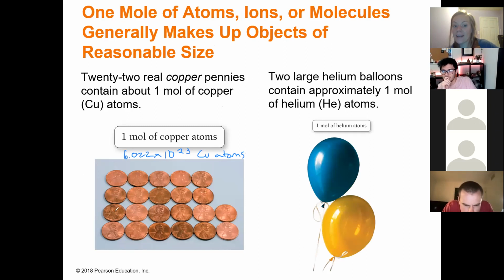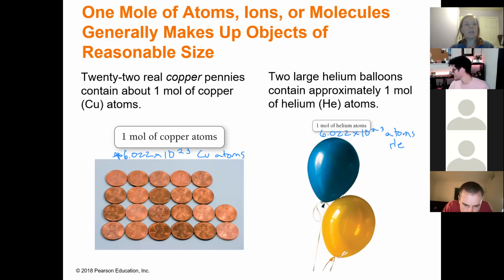So a mole is a lot of atoms, but on a macro scale, it's not that much. 1 mole of helium, again 6.022 times 10 to the 23rd atoms of helium, is about 2 balloons of helium.